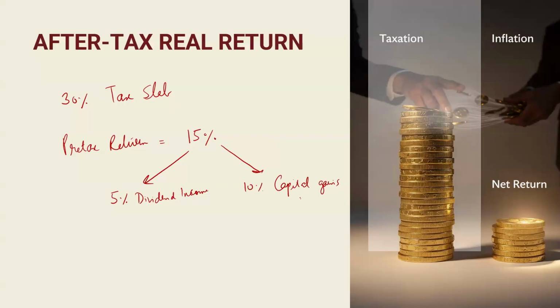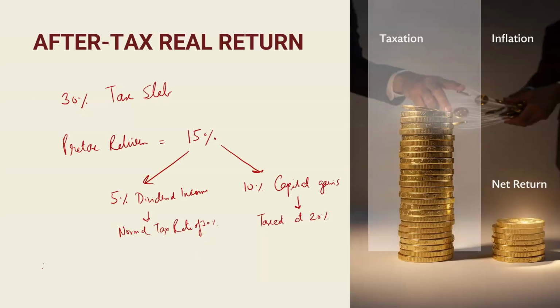These capital gains are taxed at a little less than 30%, let's make it 20%. Those 10% capital gains are taxed at 20%. And this dividend income has no preferential treatment. It goes under the normal tax rate of 30%.